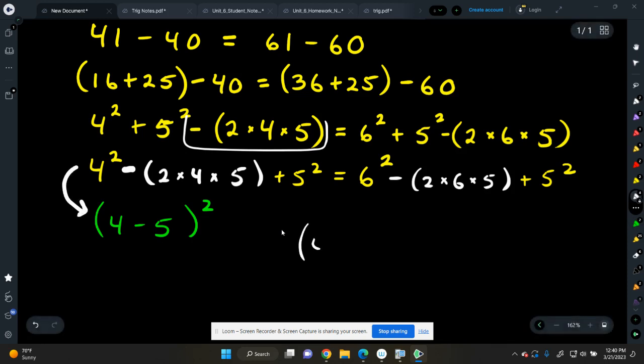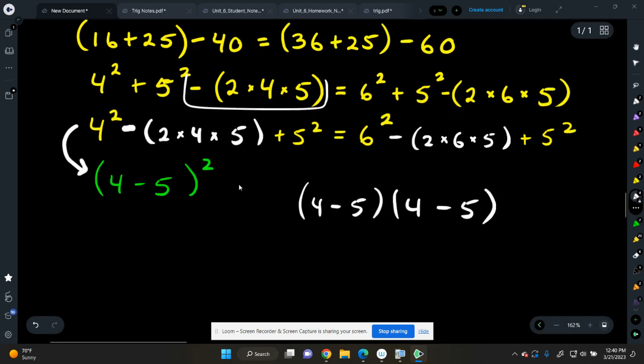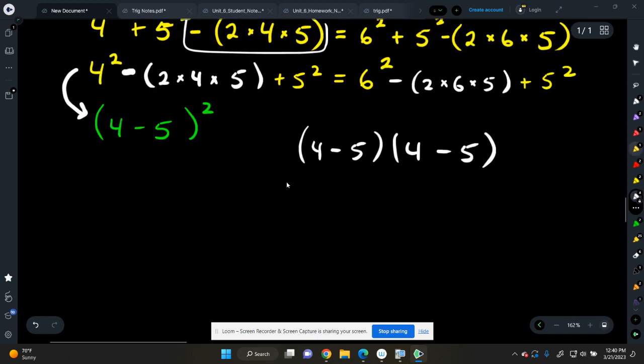Well, let's just look at this. 4 minus 5 times 4 minus 5. Let's FOIL that out. Let's distribute it. What do I do when I do that?